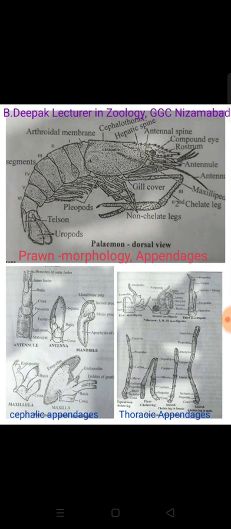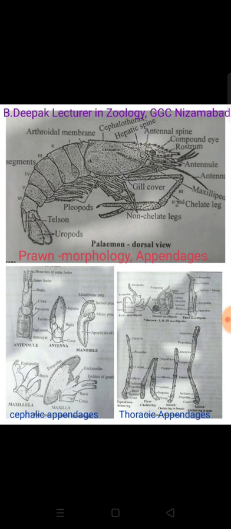The thorax comprises 8 segments, and each segment has one pair of appendages, so 8 pairs of appendages. And what are the appendages? I will note them down.